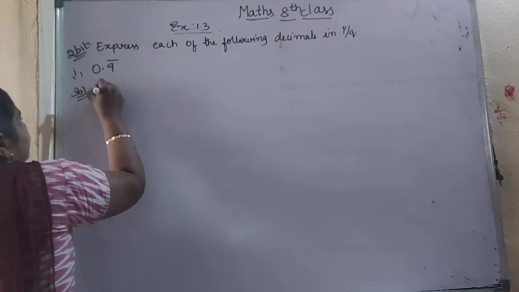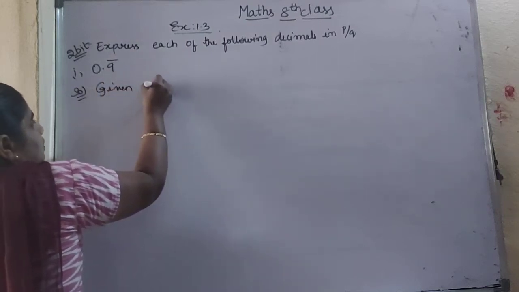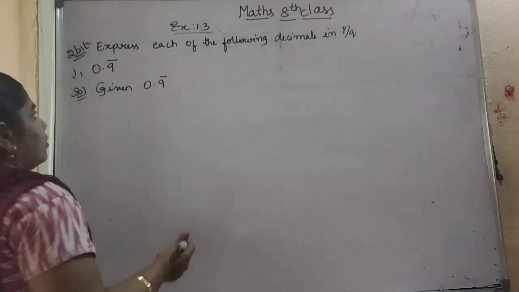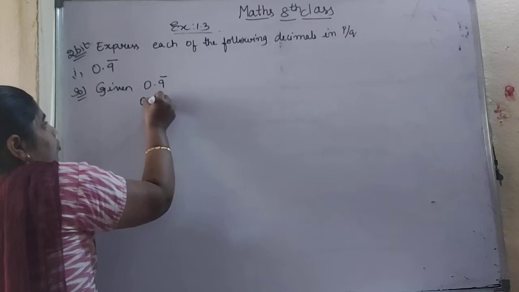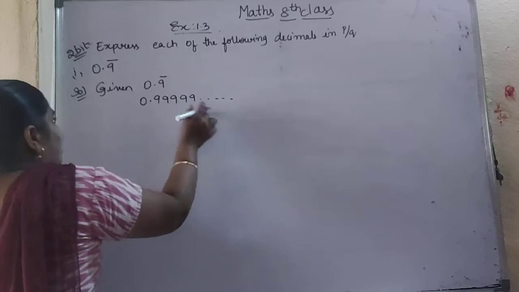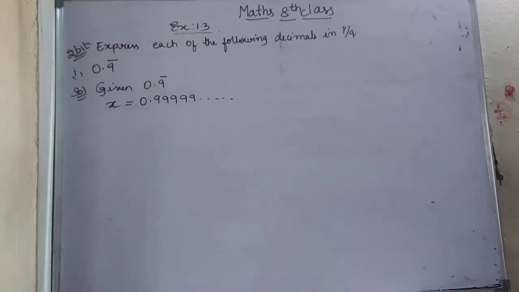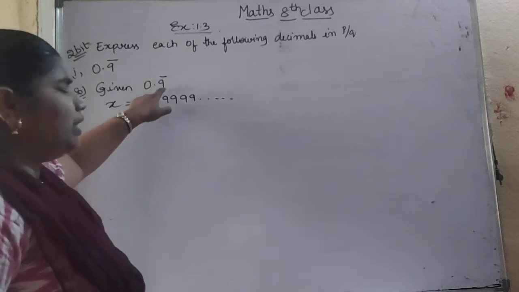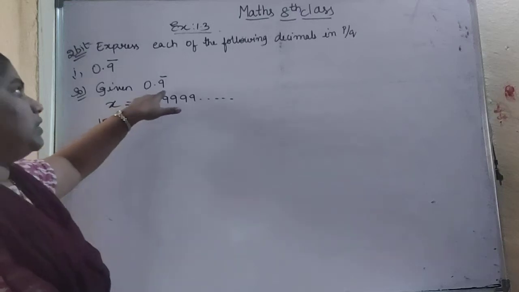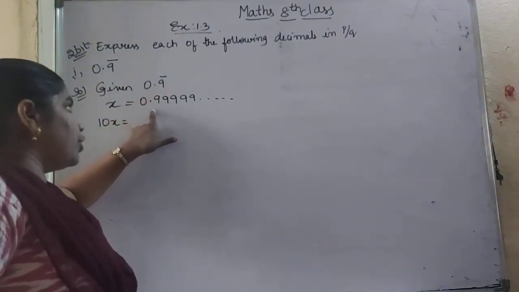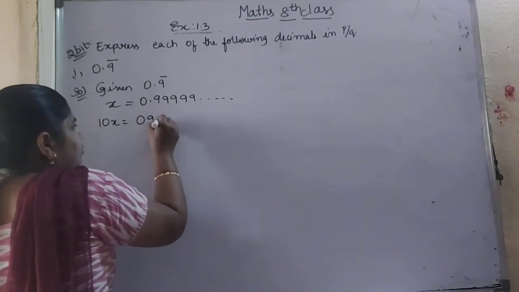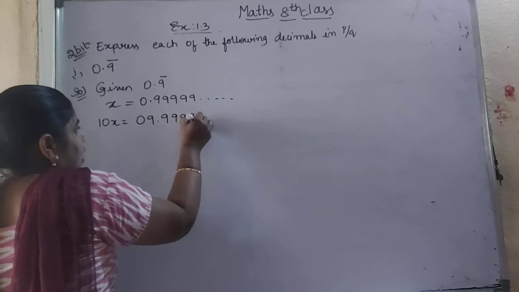So what is given here? 0.9 bar. Bar means that the value will be repeated an infinite number of times. So we can write this as 0.99999 and so on, and I am taking this value as x. Now the bar is for only one number, so we take 10x equals, moving the point after one digit, 9.9999 and so on.